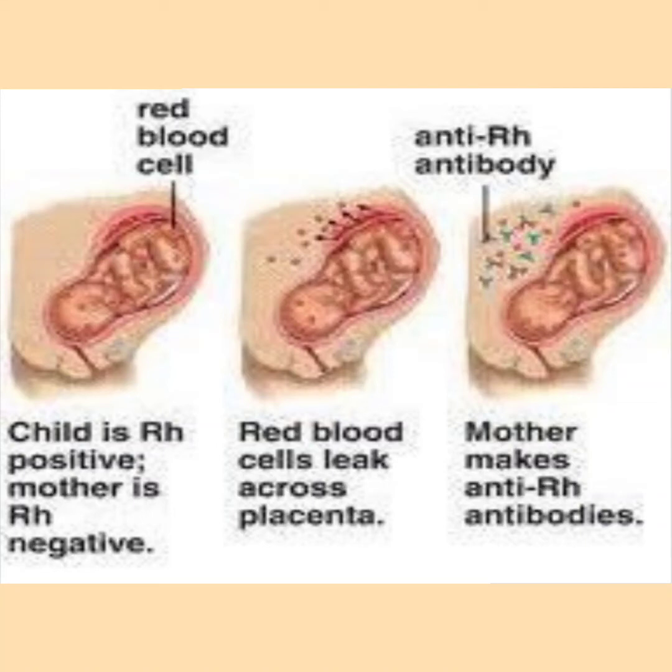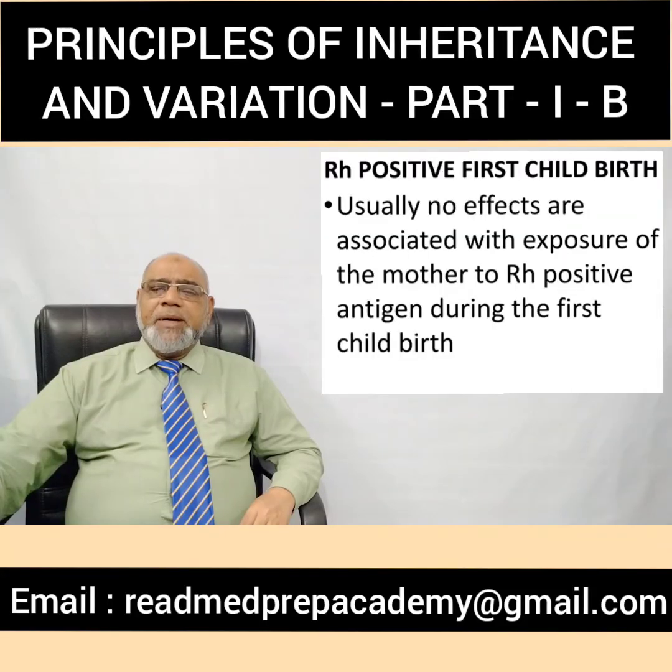For example, you can see in this picture that the red blood cells that contain the Rh positive antigens enter into the mother's circulation and the mother is Rh negative, and these antigens cause Rh antibodies to form in the mother.